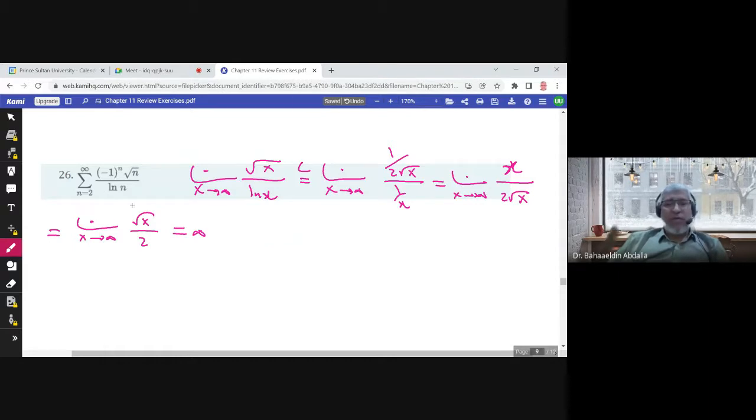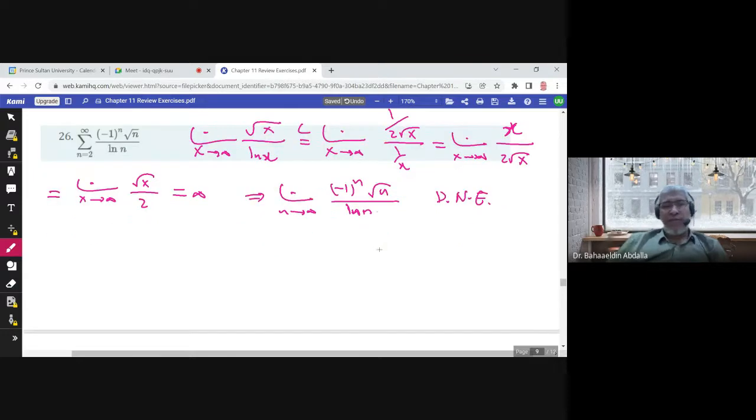So the limit of b_n is infinity. So this means that the limit of negative 1 to the power n times b_n when n goes to infinity does not exist. Okay, does not exist. It would be positive or negative infinity. So summation a_n is divergent by test for divergence.